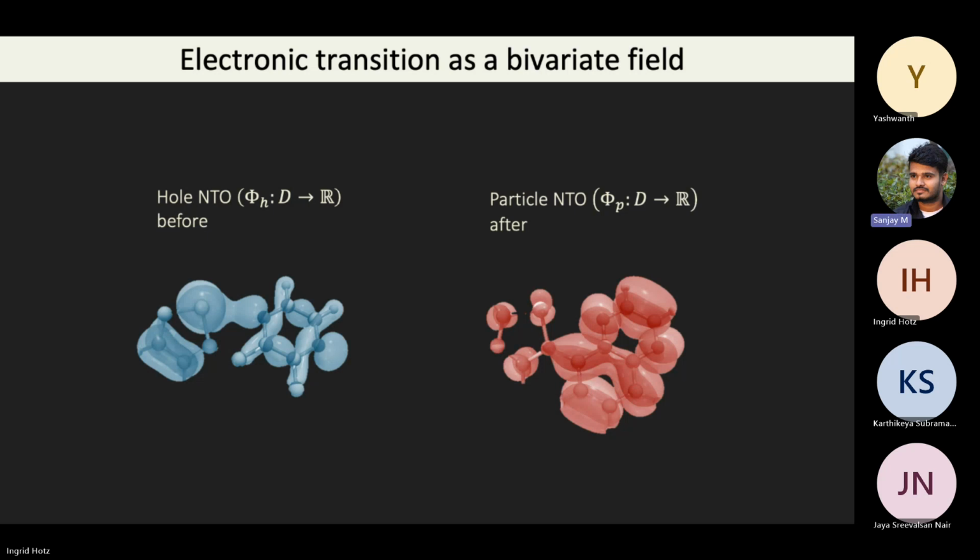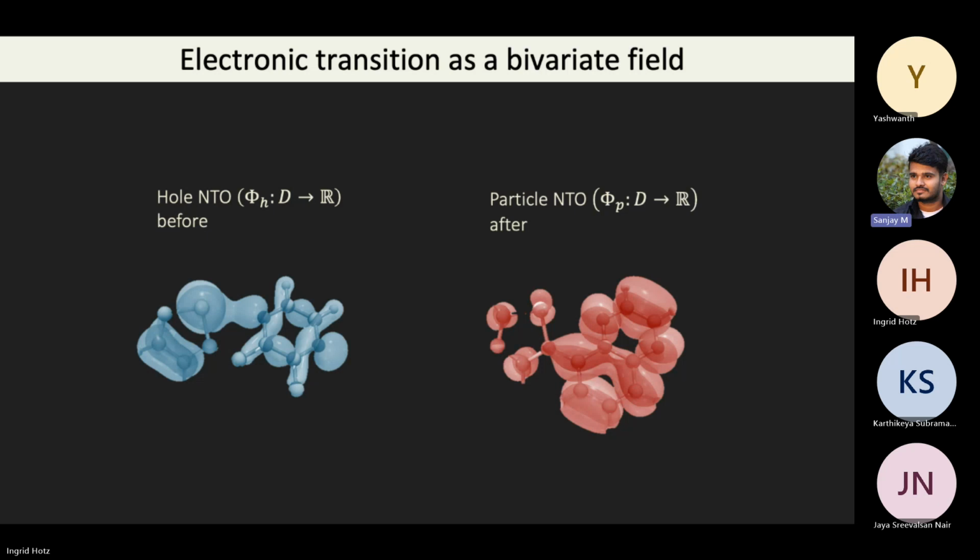What you see here, you probably recognize some balls that are connected. This represents our molecule. The blue bubble is an isosurface rendering of the electronic density field before, and the red one is after. I'm not very precise in the chemical formulation here, but otherwise it becomes too complicated to explain.